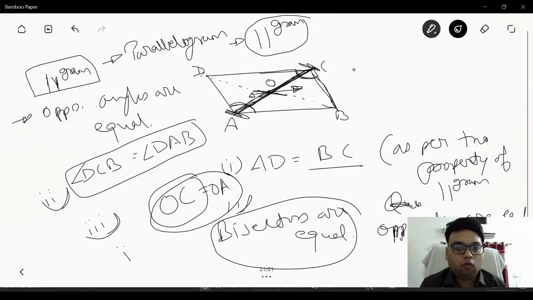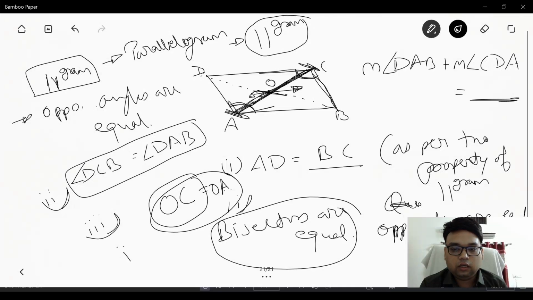Now question number 4, what does it say? Measure of angle DAB plus measure of angle CDA is equal to how much?